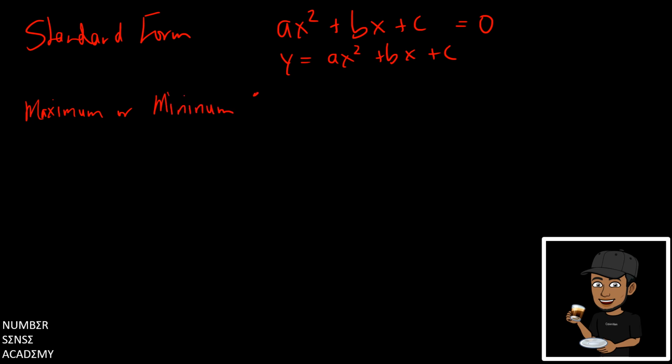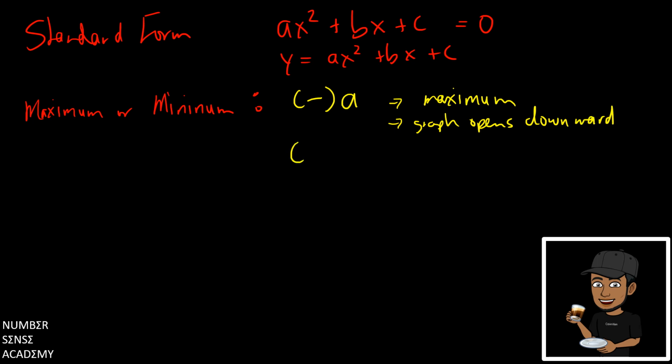The way you can tell is if the sign in front of a is negative. If the sign in front of a is negative, then you'll have a maximum, because the graph opens downward.